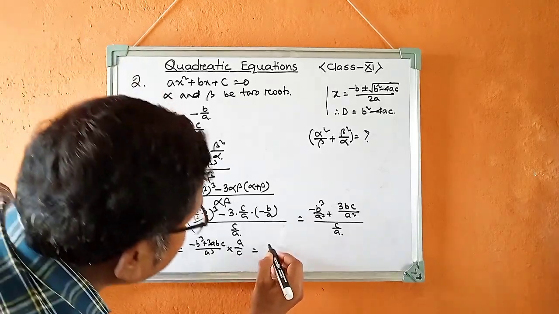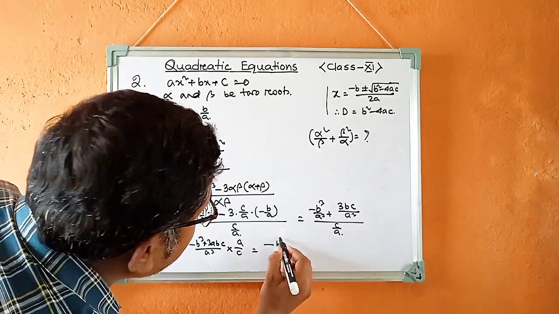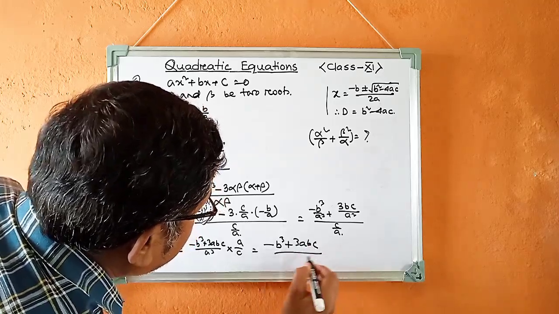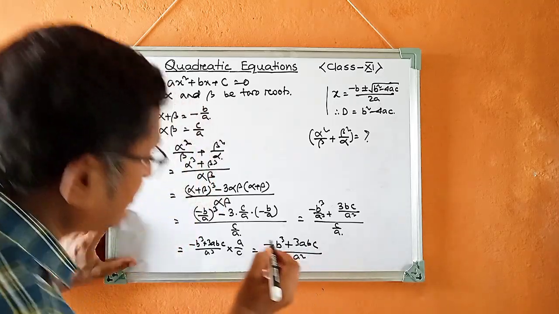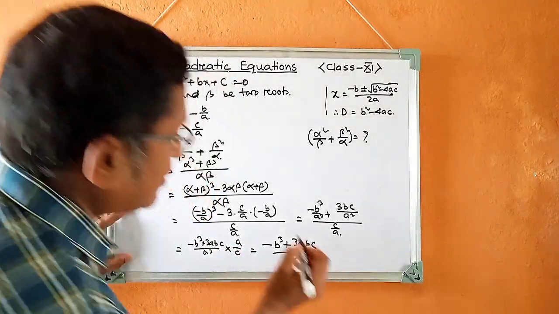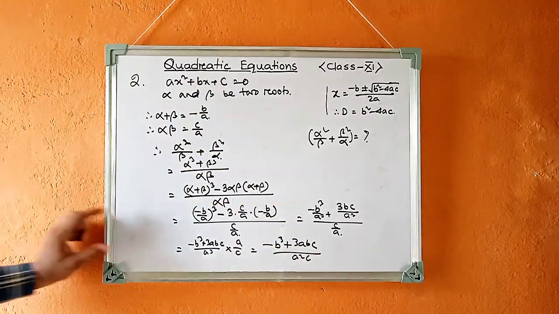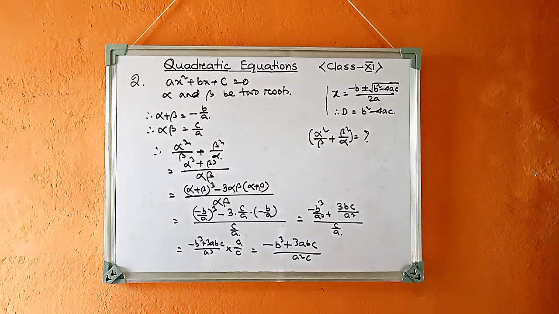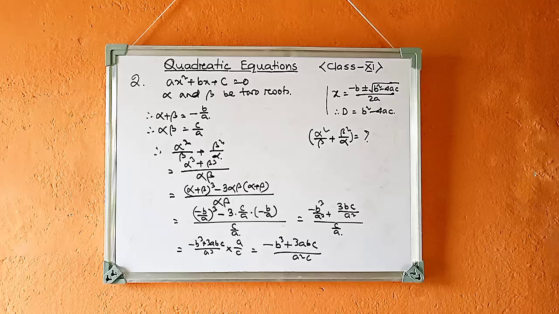So finally we get the answer: minus b cube plus 3abc divided by a square c. I repeat, a square c. Finally the answer is minus b cube plus 3abc divided by a square into c. See carefully.